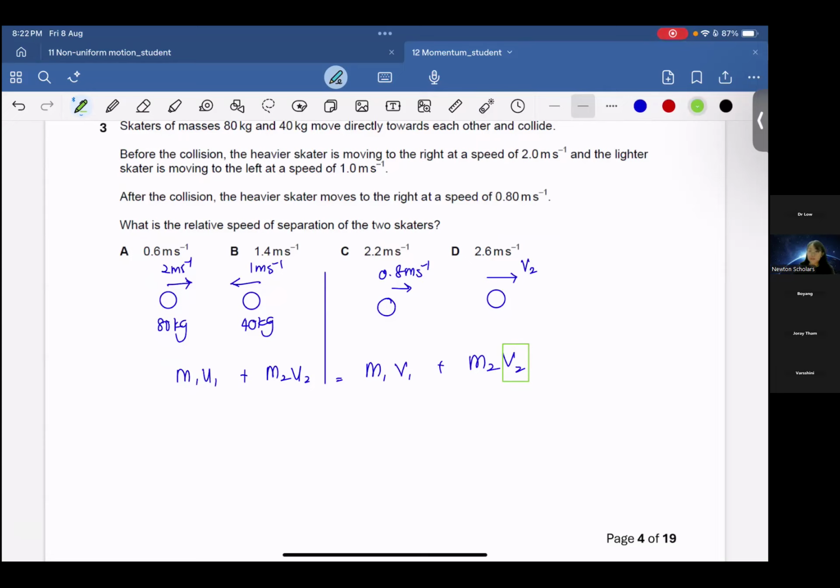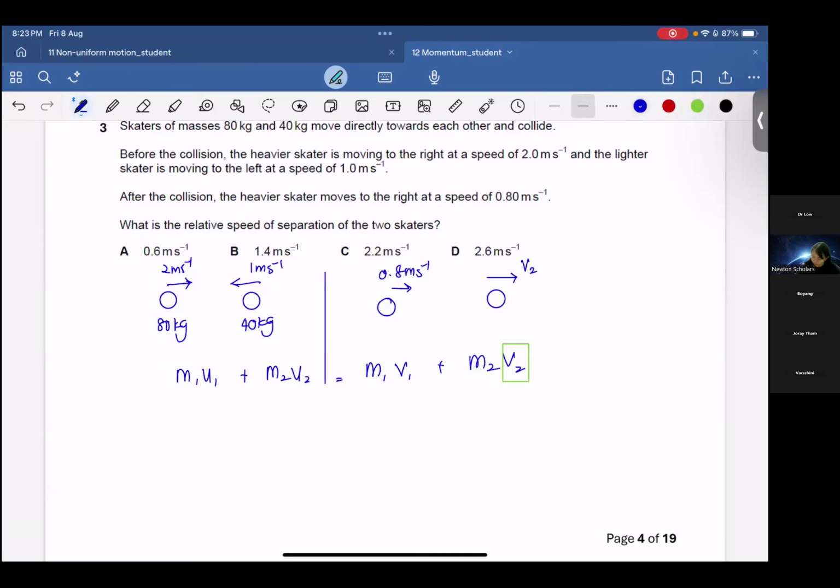Vashini, correct. Your V2 is already found. Then what is your relative speed of separation? If you do it correctly, you should get 1.4 meters per second.